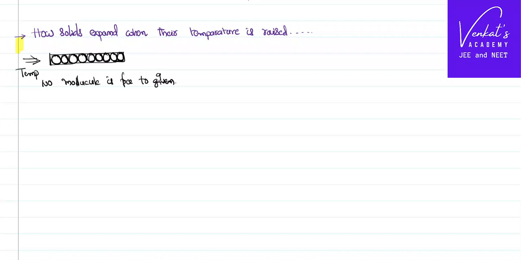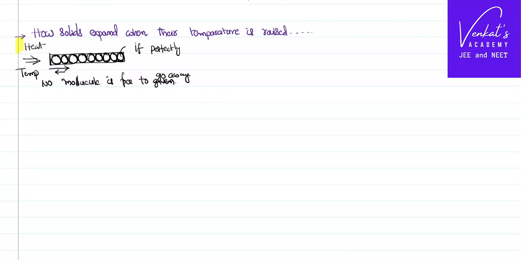It cannot go from one place to another because it is strongly bound to the next molecules. What it will do, when it receives energy like heat energy, is vibrate about its main position, pass the energy to the next particle, and ideally come back to its original position if the molecule is perfectly elastic.